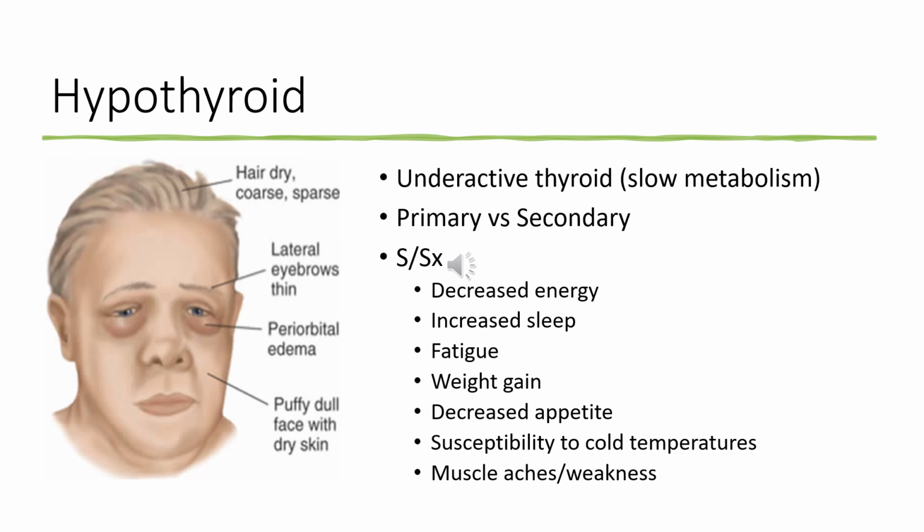So we have very high levels of TSH, but the other hormones are low. Secondary hypothyroidism is caused by a disorder of the anterior pituitary gland. We know it is secondary hypothyroidism when the TSH is low. TSH is secreted by the anterior pituitary gland.